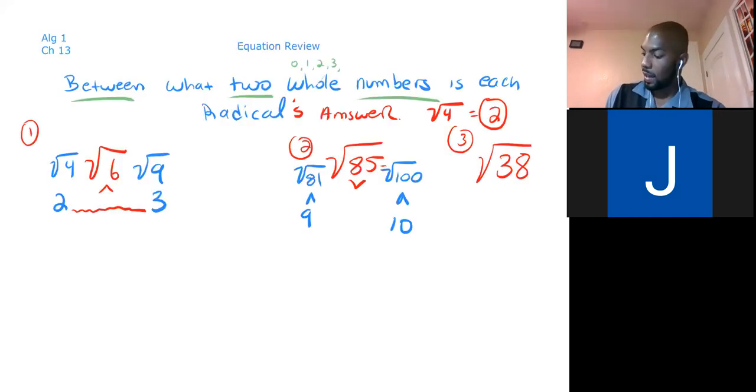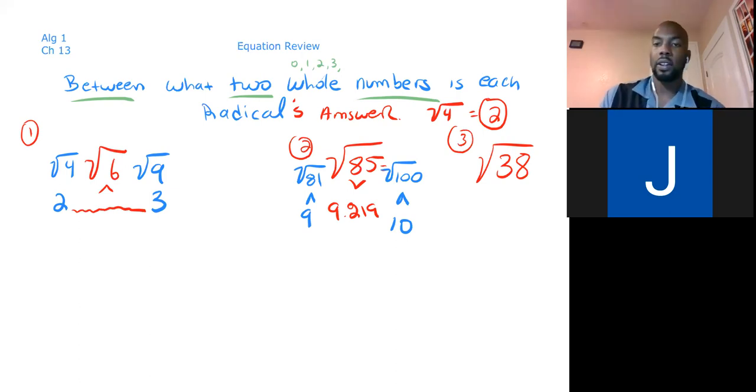The radical of 85 is 9.219. Do you see how the answer to rad 85 falls between the answer to rad 81 and the answer to rad 100?